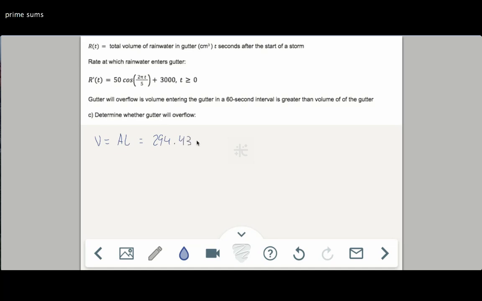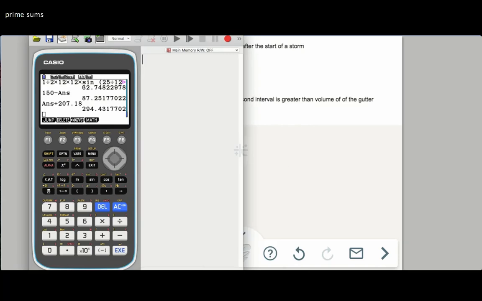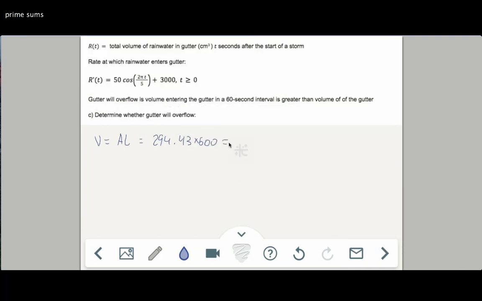So 294.43 times 600, and we get 176,658.